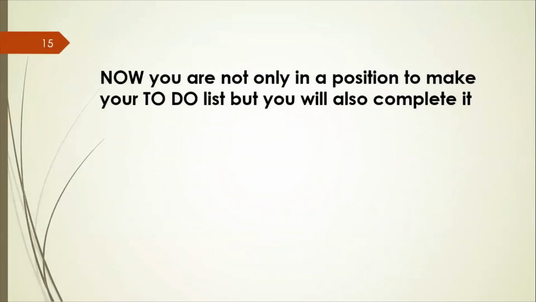After all this, you are now in a position not only to make your to-do list, but you will surely complete it, because most of the successful people are doing it, guys. You just need to do it. Nobody else will do it. This is how you can plan it and you can do it.